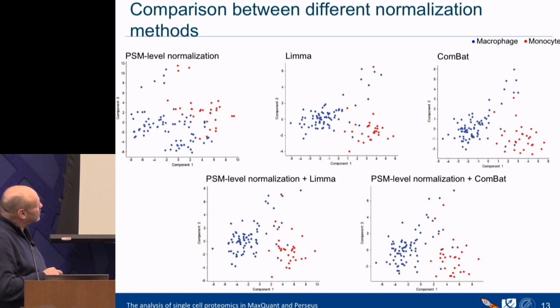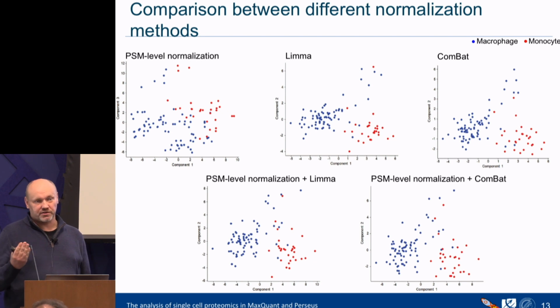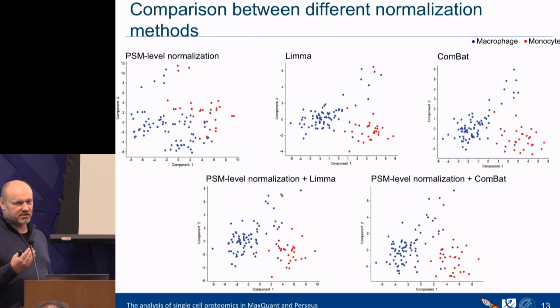Then one can also put them together: the normalization on PSM level plus Limma or plus Combat. And you see, they vary a bit, but they're not dramatically different, right? So it gets a little bit better by putting protein level normalization on top, but it's not a game changer to have it or not to have it. All of them separate the data, basically.